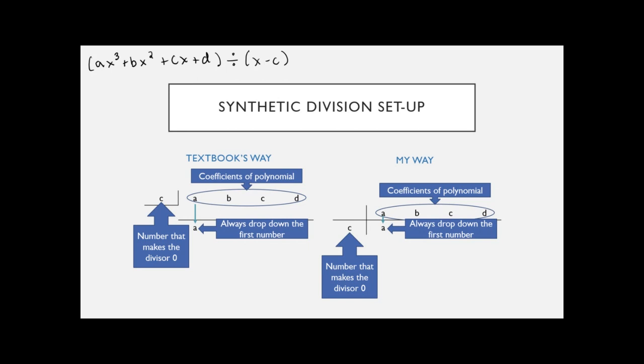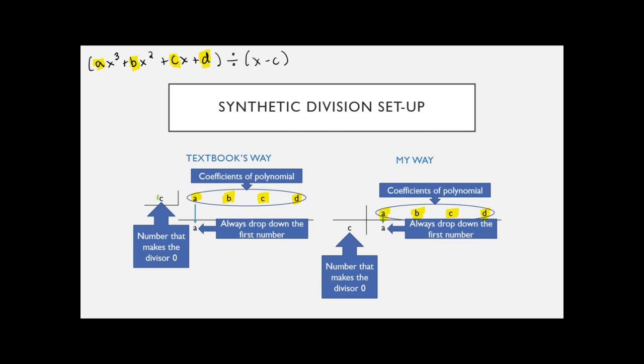The coefficients from the polynomial that you have, if it's in a fraction, it's the top of the fraction. Those go across here, or like I do it more in a table form, which is a little bit easier if you're trying to type things up because it's really easy to make a table. It's just those coefficients.